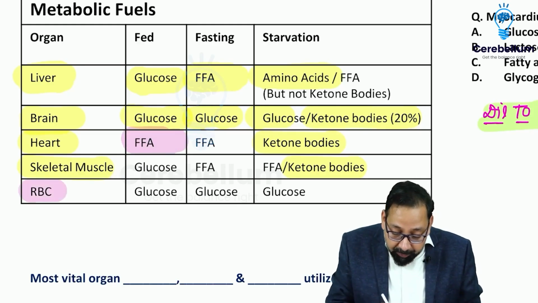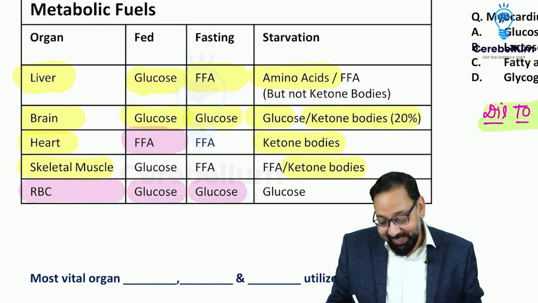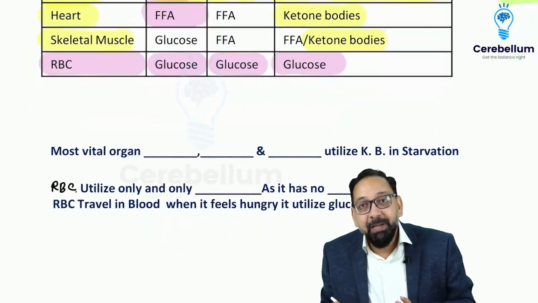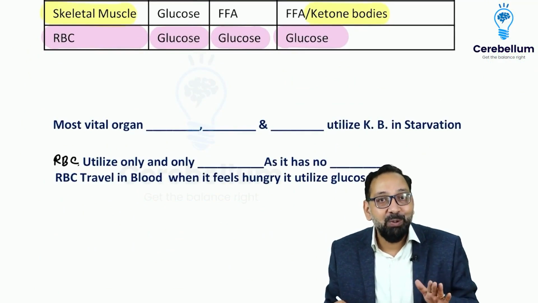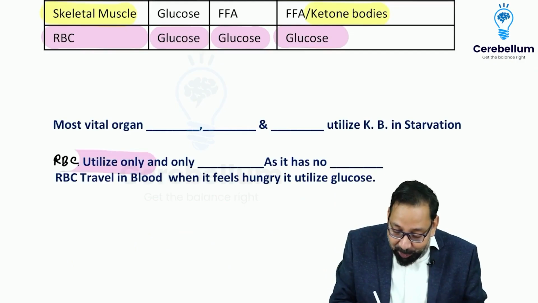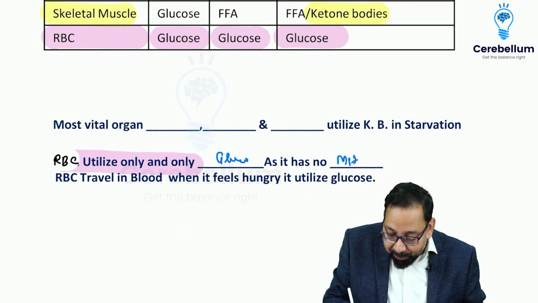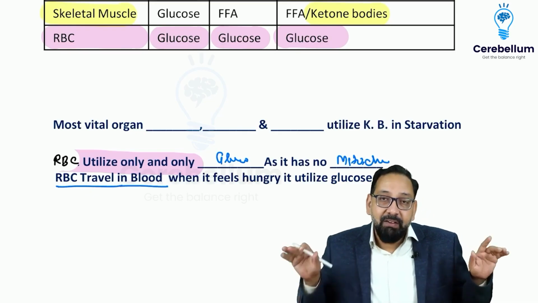And now RBC. RBC also requires glucose because it has no option. Mature RBC has no mitochondria, so it utilizes only and only glucose. As a simple mnemonic, RBC is traveling via blood.